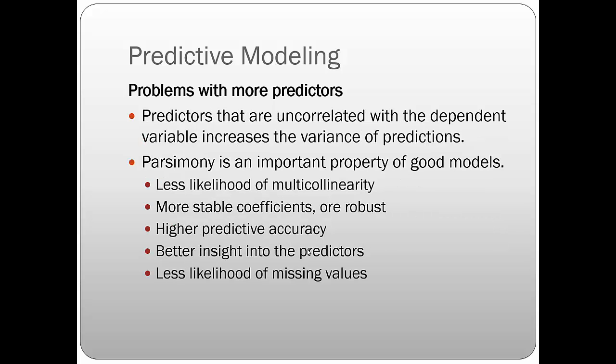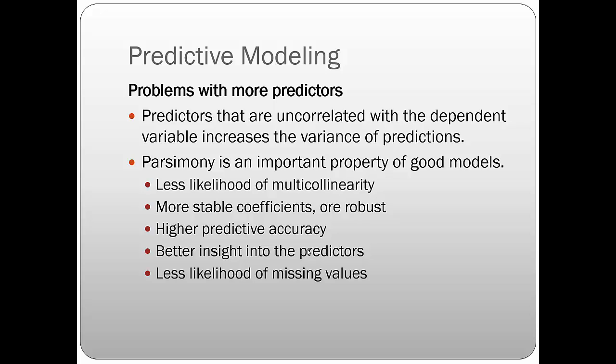Now, we already talked about this first situation. Predictors that are uncorrelated with the dependent variable increase the variance. So if you have a predictor that has no predictive ability with respect to the target, then we need to drop it off. And then, of course, there are stepwise regression procedures, model building procedures that will automatically do those kinds of tasks.